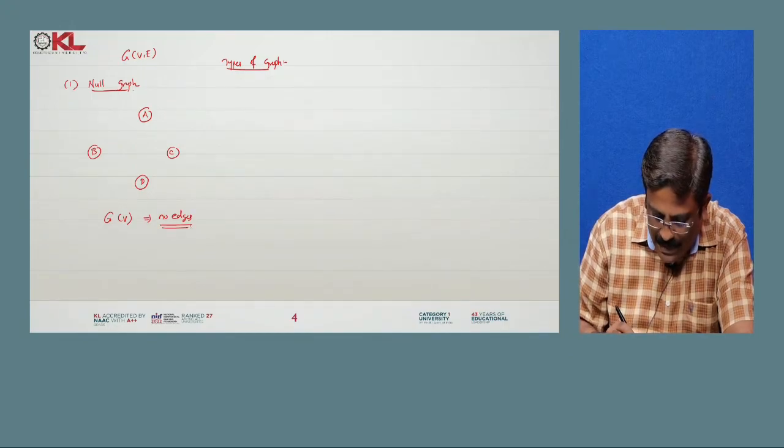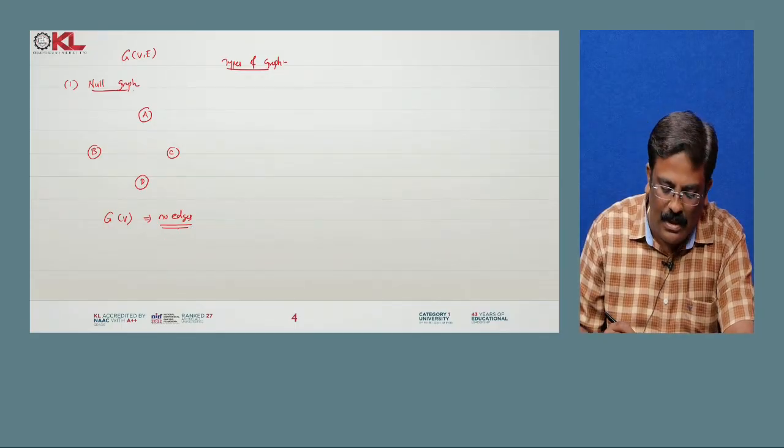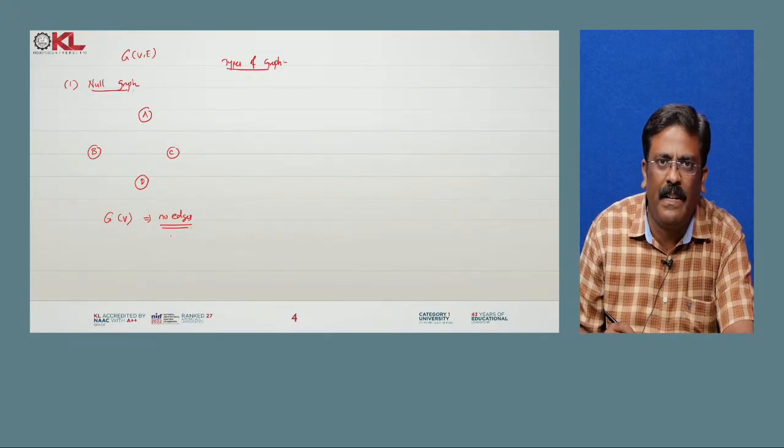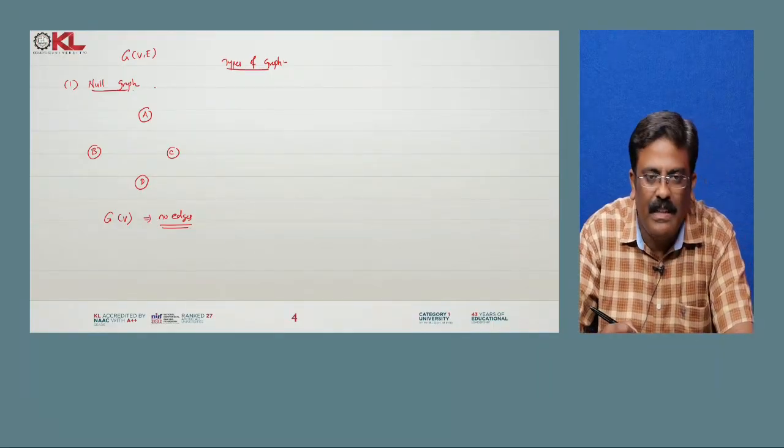The graph will consist only of vertices or nodes and will not contain any edges. So if you find any graph holding only vertices, we call that a null graph.